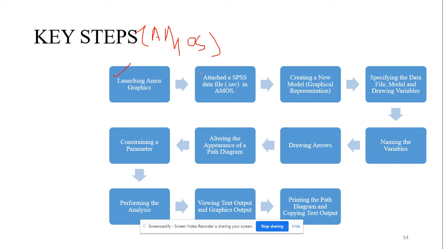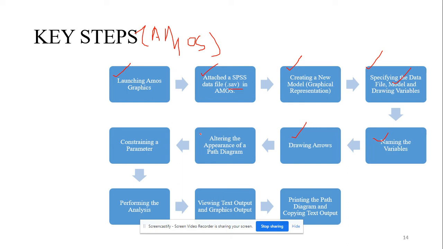We attach an SPSS data file, which normally has the extension SAV, and once that data file is attached, we create a new graphical representation of the model. We specify the data file attached to it and the different variables. We name those variables, and we draw the relationship, correlation, or cause and effect arrows.